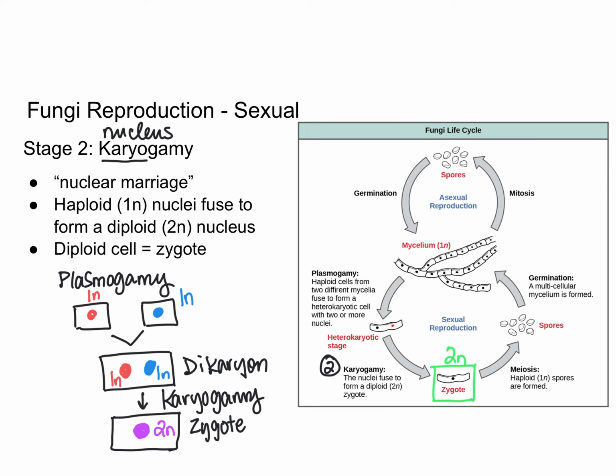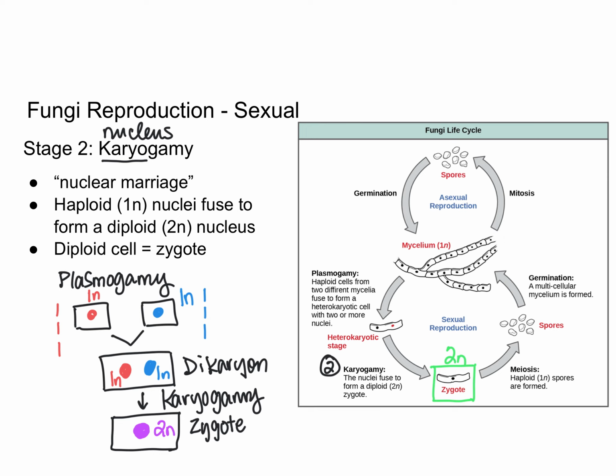Now, if we were to draw this out, remember that the chromosomes in eukaryotes are bar-shaped. So we could say that the chromosomes in the red haploid nucleus over here are going to be bar-shaped, and I'm just going to draw 3 of them for now. The one in this blue cell here would be the same number of chromosomes, and really these chromosomes are very similar to each other.